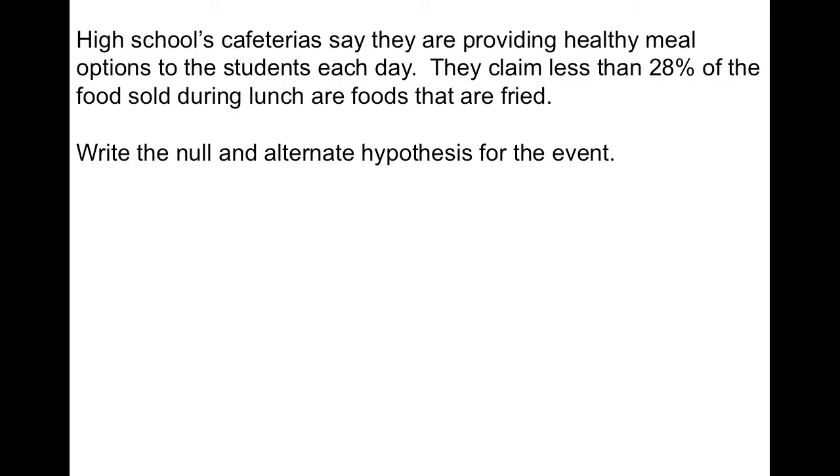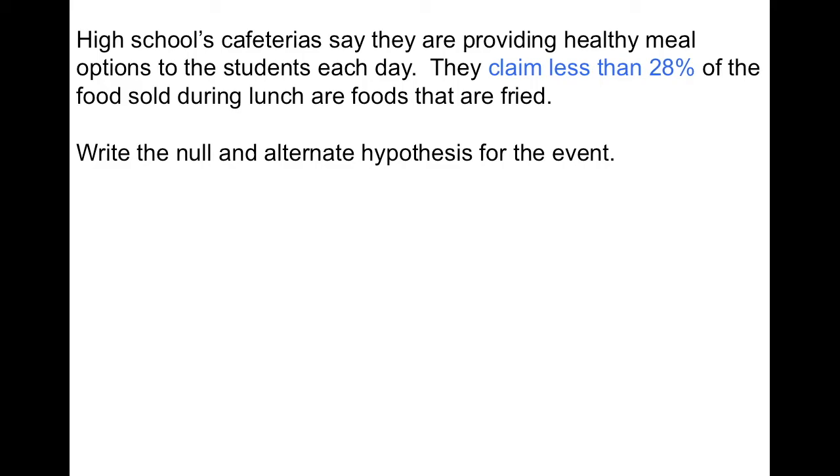High school cafeterias say that they are providing healthy meal options to the students each day. They claim less than 20% of the food sold during lunch are foods that are fried. So they're saying less than 28% of the foods are fried. So this time we're talking about a percentage, a proportion.